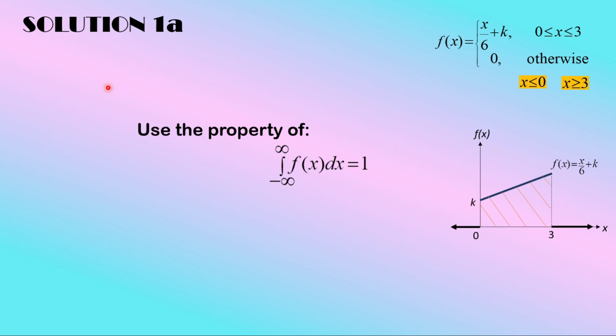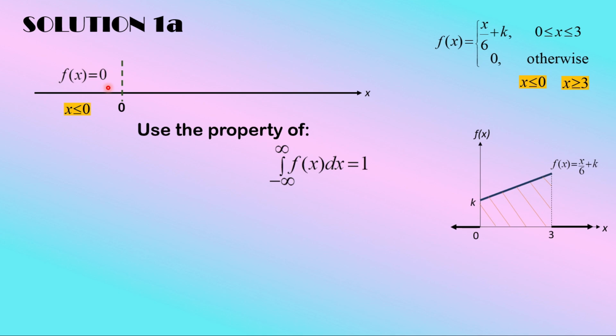I will use the real number line to help me in solving these questions. This real number line represents the PDF in its intervals of x. So f(x) equals 0 in the interval x less than or equal to 0.